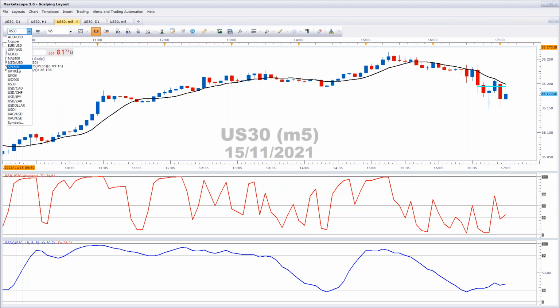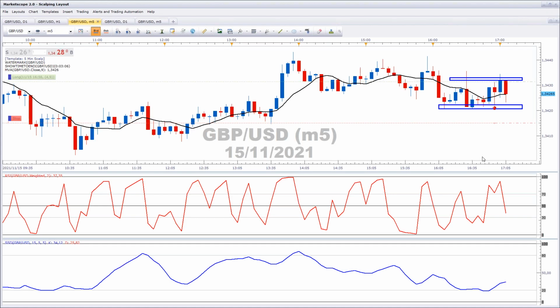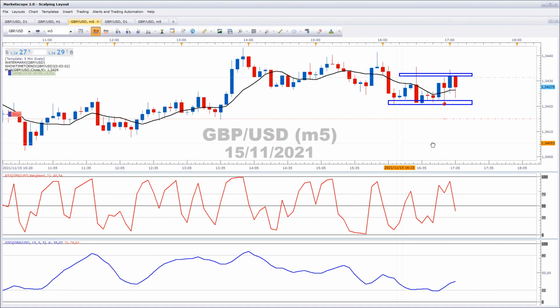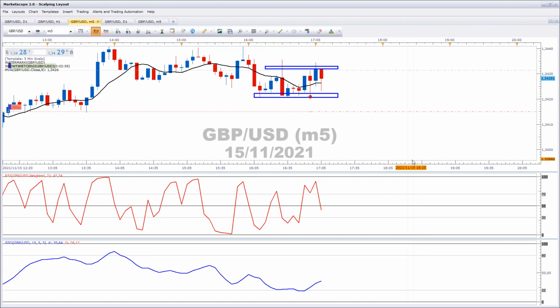Going back to the pound US dollar, there's not much volatility with regards to any of Bailey's testimony so far. You would think that if he's very uneasy about inflation, it would really help the pound here, but we're caught in this range.